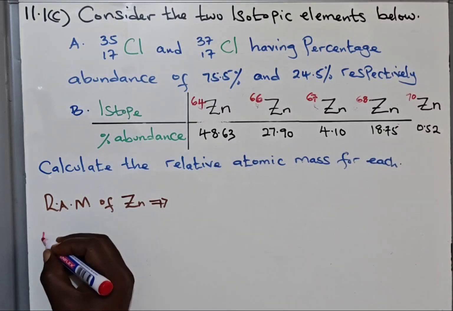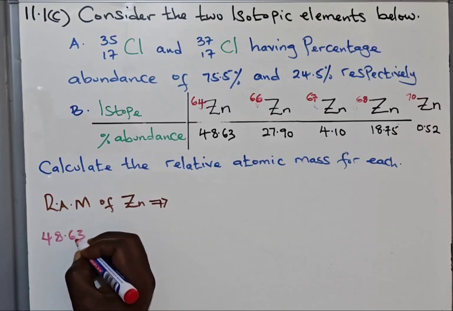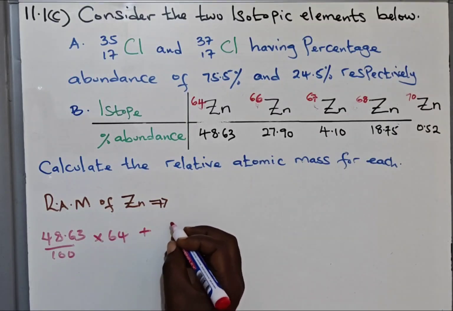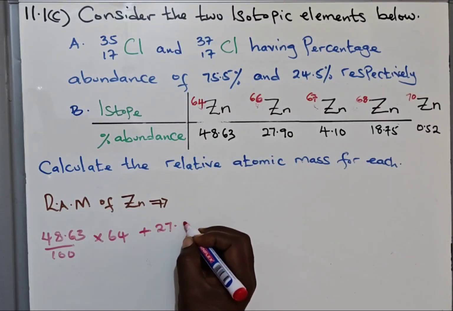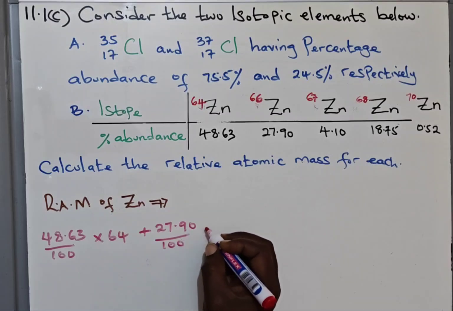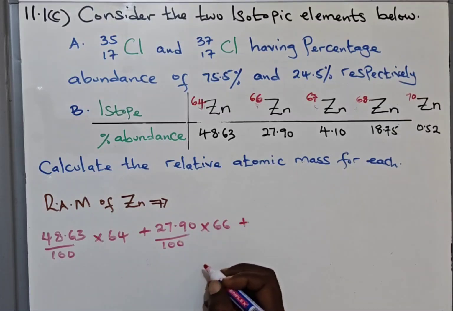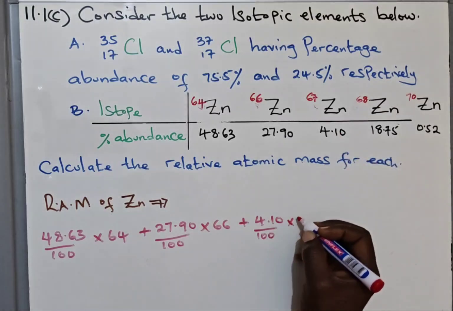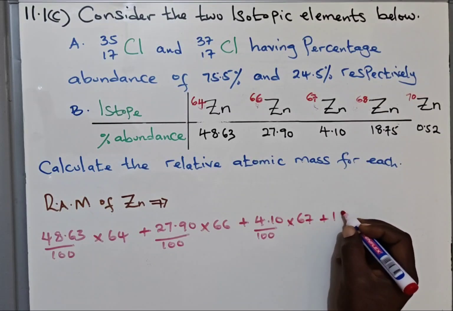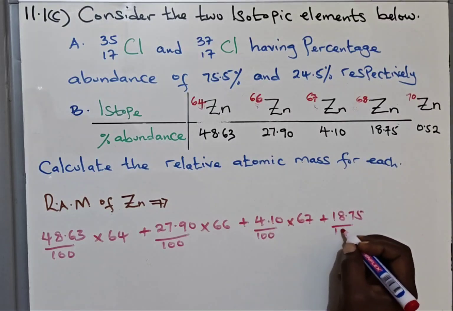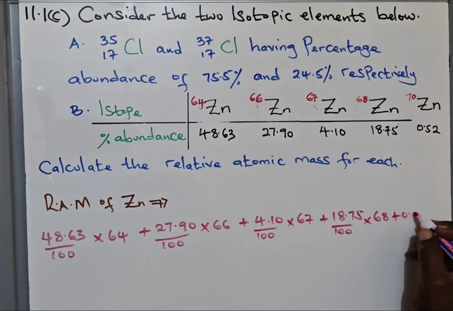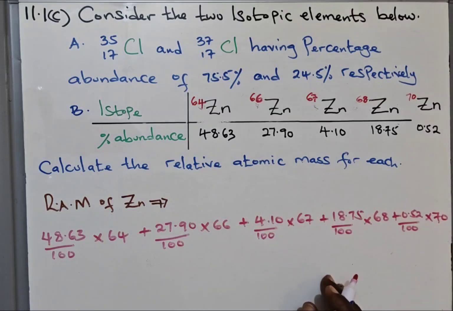So this is 48.63% times 64, plus 27.90% times 66, plus 4.10% times 67, plus 18.75% times 68, plus 0.52% times 70.